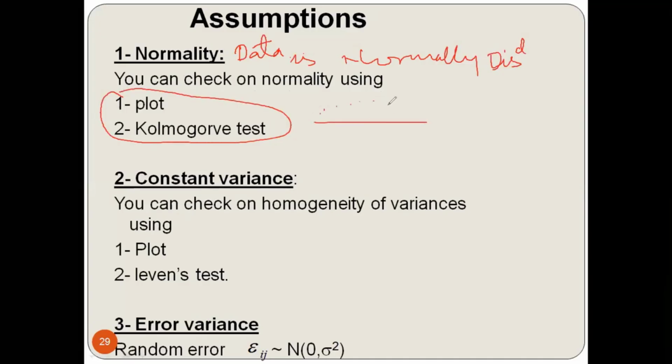The first thing is that you can plot and see that the data is normally distributed. Nowadays some tests are also available. It's called the Kolmogorov test, which tells whether the data is normally distributed or not.